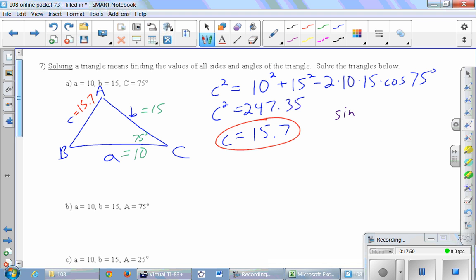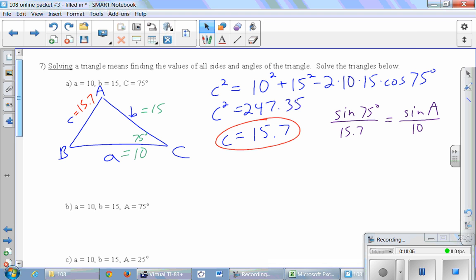Sine of 75 degrees divided by the opposite side is equal to sine of, and then pick your favorite letter, we'll say A, divided by the length of the opposite side. So we can now multiply both sides of this by 10.